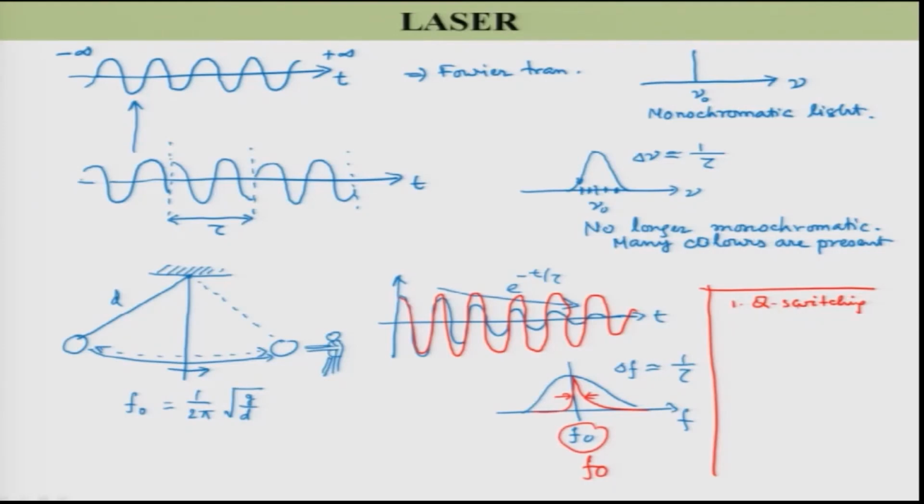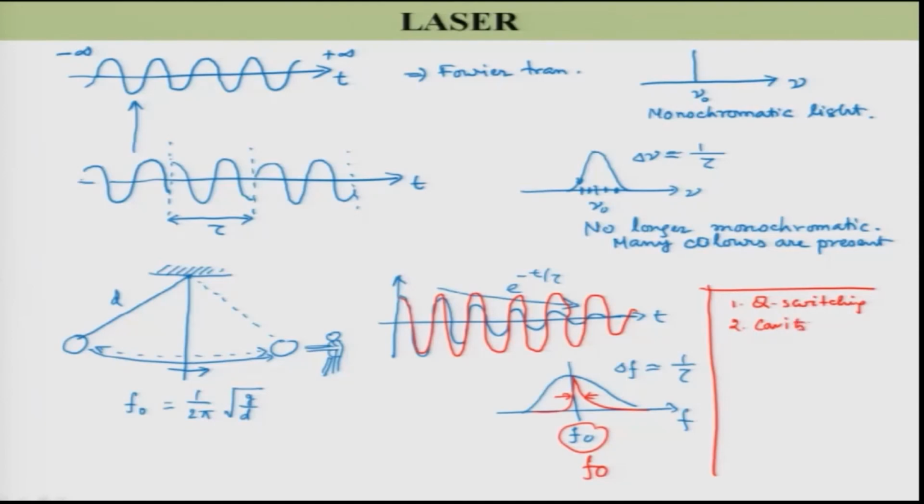If you take a course on lasers and their applications, then you will see how Q switching or other processes actually work to get the ultrashort laser pulse. Second is cavity damping. Third is mode locking. These are the different methods by which one can go from a constant amplitude oscillation to a pulse output of the laser.